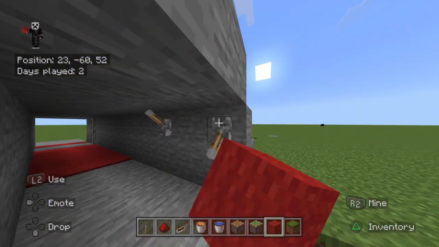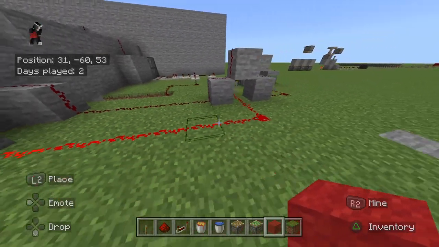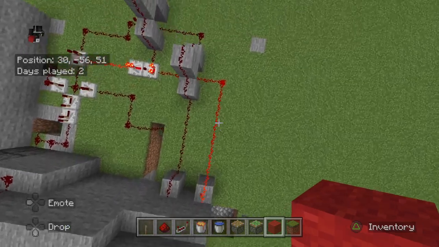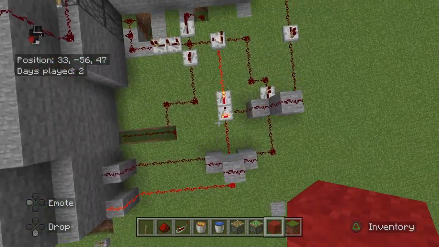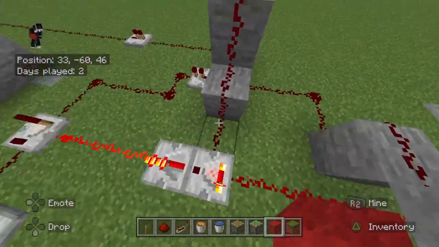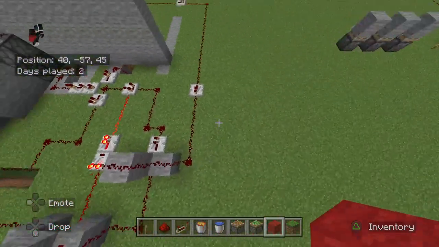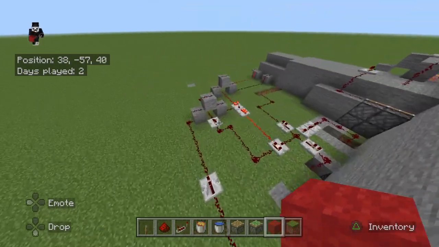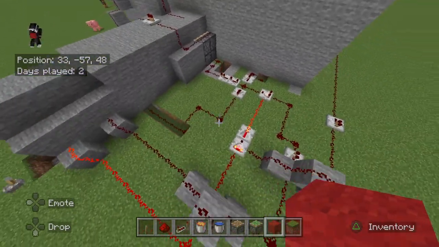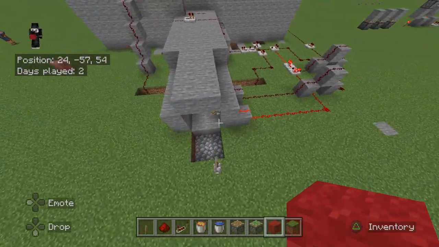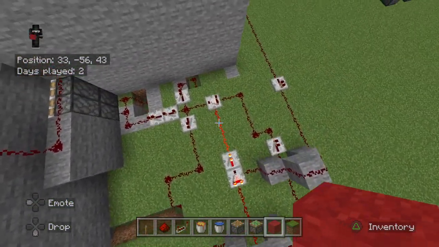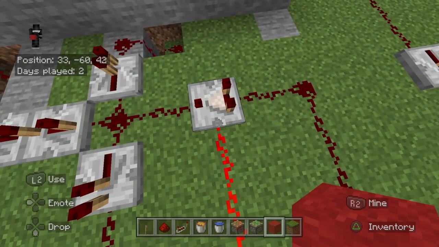However, this one, if you look, comes down here to this comparator, and this side node goes out to the front. That one. However, this one leads to this right here.